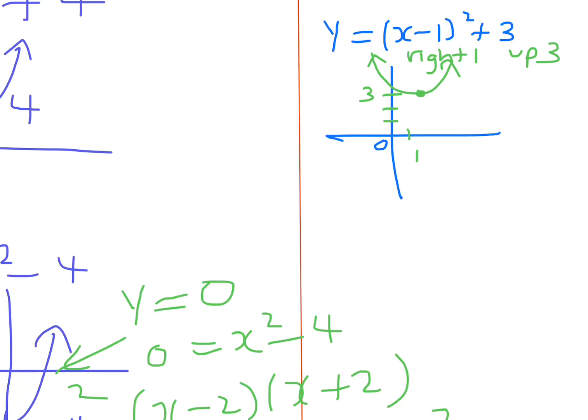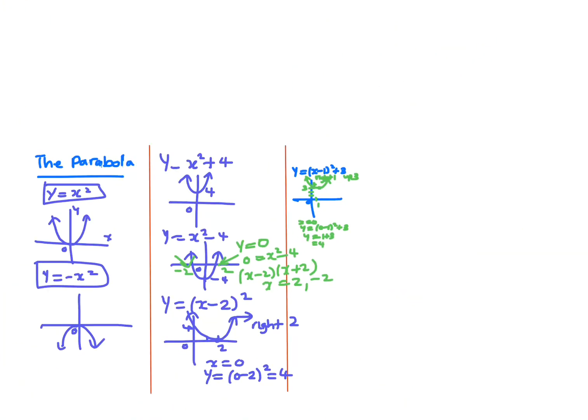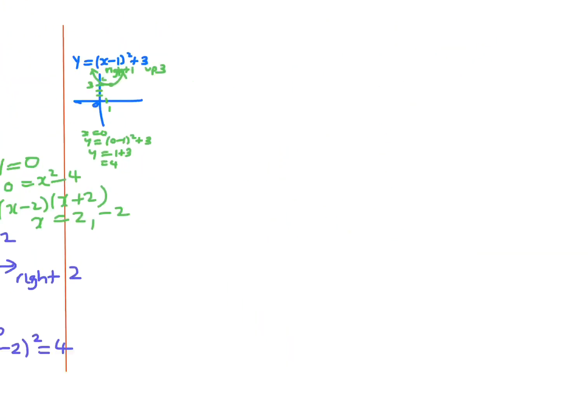If you put in x equals 0, you get 0 minus 1 squared plus 3. Minus 1 squared is 1 plus 3, so you end up with y-intercept is 4. In all your sketching, you've got to make sure you have the x-intercepts and the y-intercept as well.